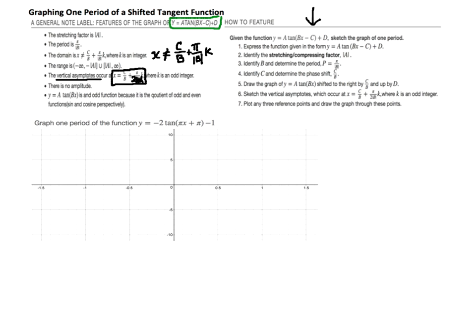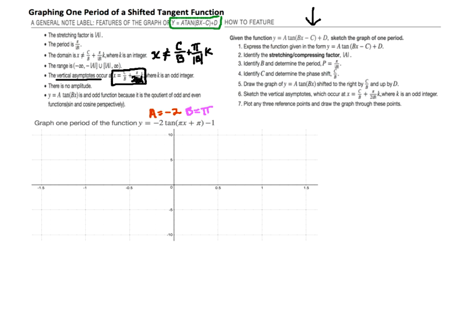So the first thing I'm going to do is identify my a, b, c, and d values. And I'll color code them just to keep them straight with everybody. So my a is equal to negative 2. My b is pi.